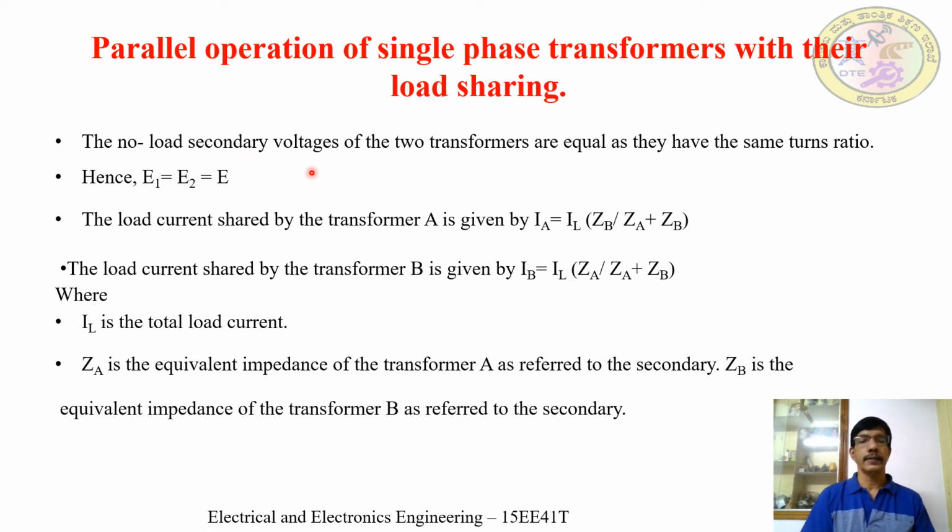The load current shared by the transformer A is given by IA equal to IL into ZB divided by ZA plus ZB.